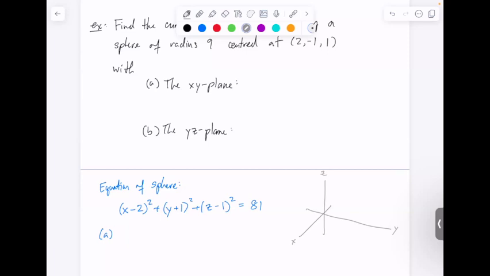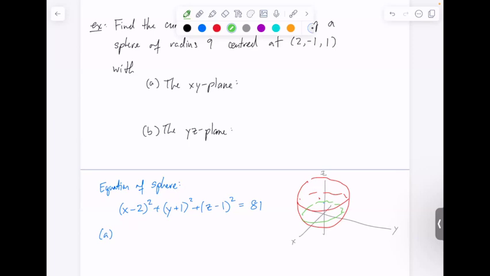I had some sphere centered at (2, -1, 1), roughly here, and then there's a big sphere here. And I'm asking for the xy intersection of this. It lives on xy, so it should only depend on xy variables.